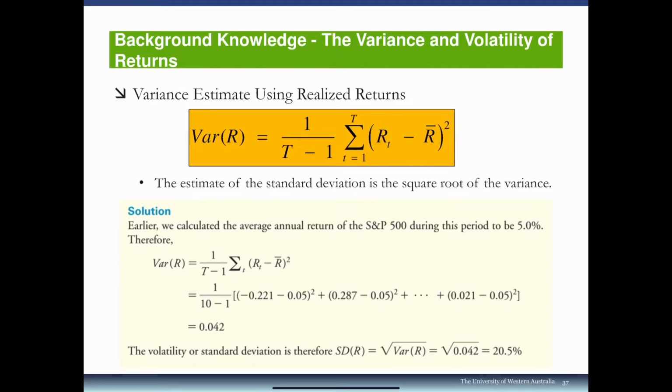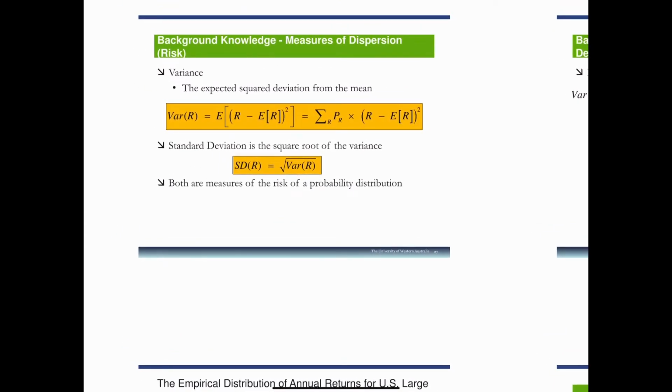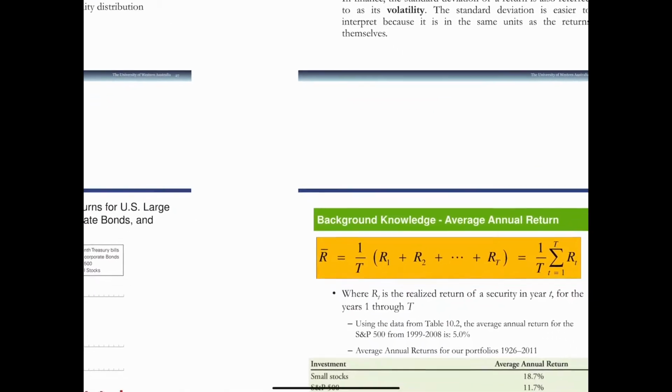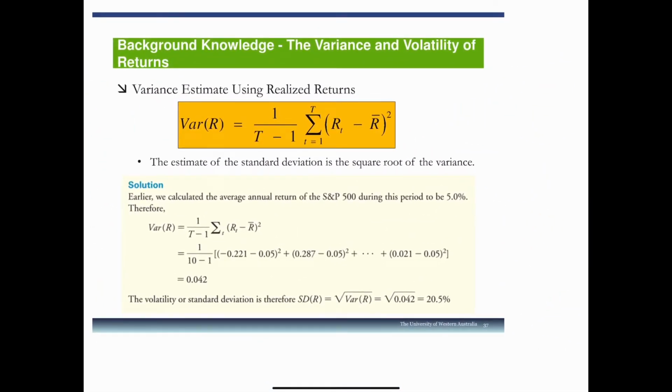If you want to draw a comparison with the variance formula we have over here, if you know the probability distribution, it will be a summation of the probability times (return minus expected return) squared. But when you don't know the distribution, you don't know the probability associated with each event, then one way for us to make an assumption is that we define each observation as likely as another.